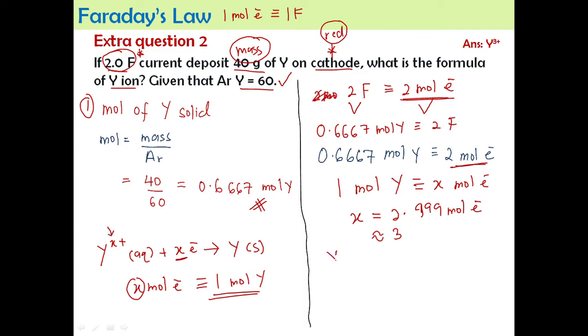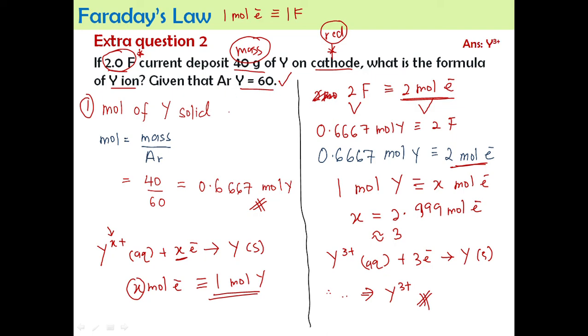Jadi, kita dapat Y3 plus aqueous plus 3 electron produce Y solid. Jadi, what is the formula for Y ion? Therefore, the formula for Y ion equals to Y3 plus. Dah siap. Okay? So, saya harap boleh faham untuk extra question 2 yang saya explain dan juga extra question 1.